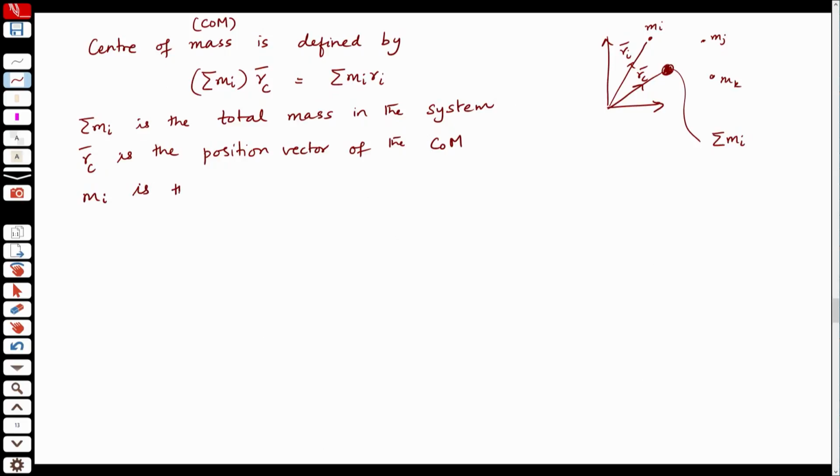Mi is the mass of the ith particle or element, and Ri is the position vector of the ith particle.